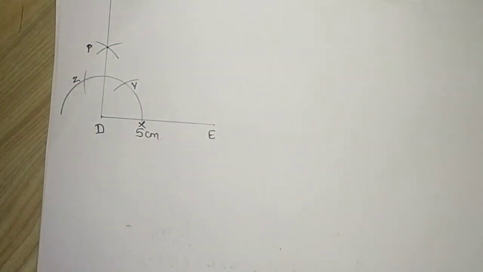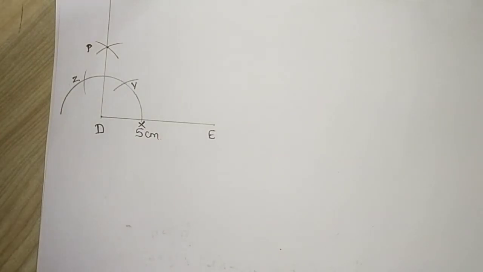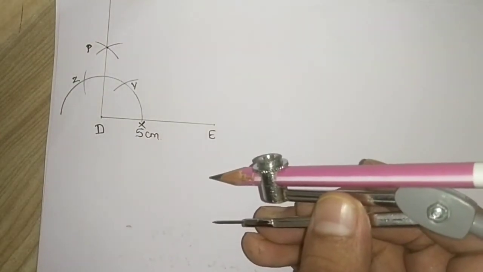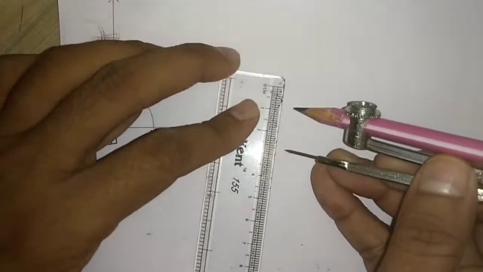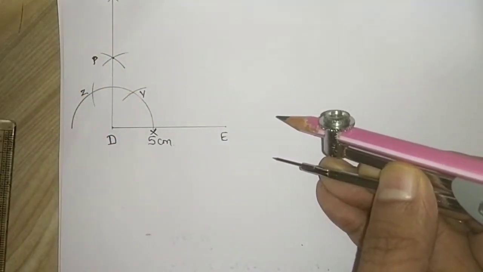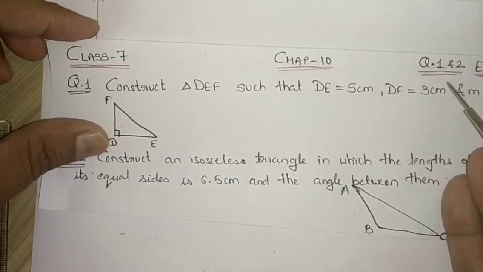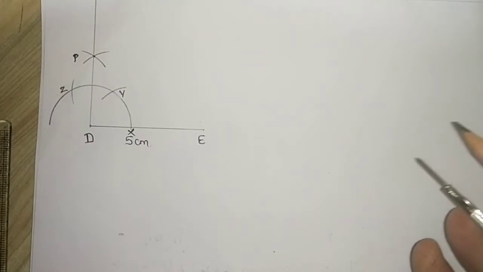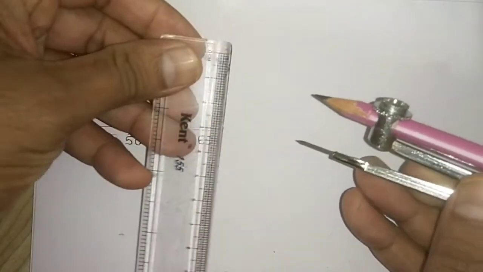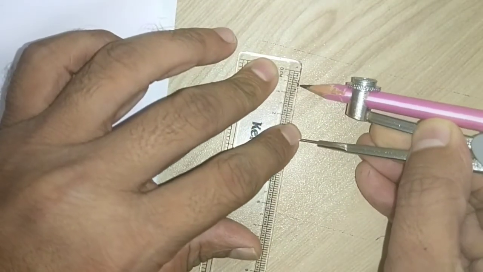Now on DP cut the measure of 3 centimeter. Why 3 centimeter? Because DF we have to take 3 centimeter. So I will cut 3 centimeter by placing the compass, measuring it 3 centimeter, open it till 0.